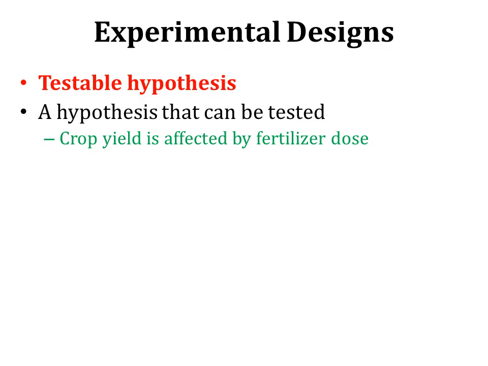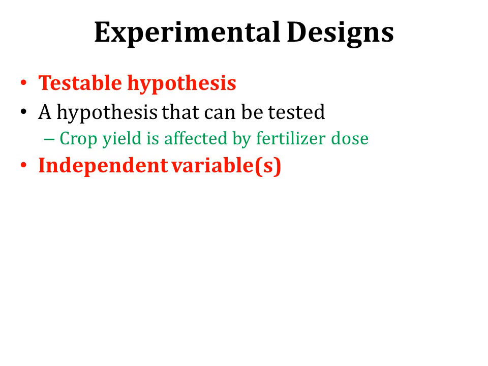So this is the experimental hypothesis, and remember, this is not the statistical hypothesis, this is the experimental hypothesis that we have proposed. And this experimental hypothesis is a kind of hypothesis which can be tested. So this is a testable hypothesis. This hypothesis can be tested through an experiment.